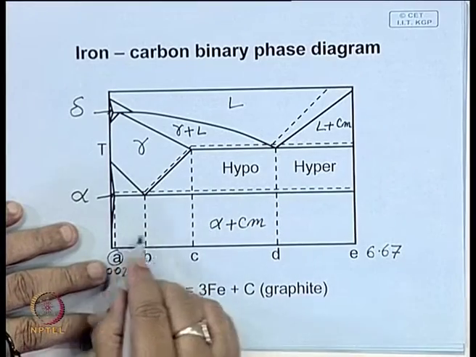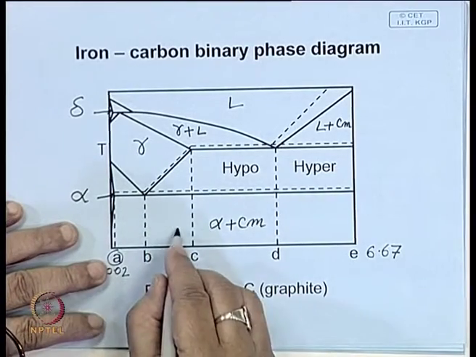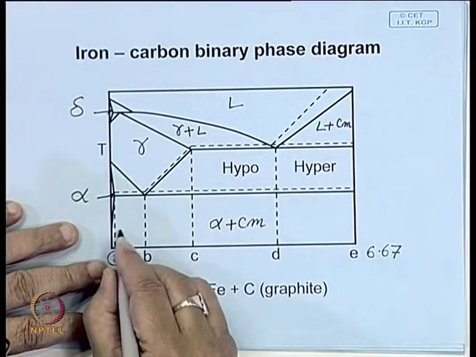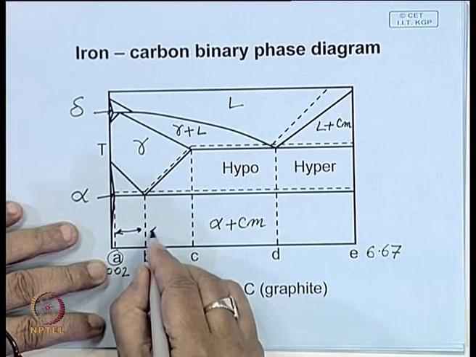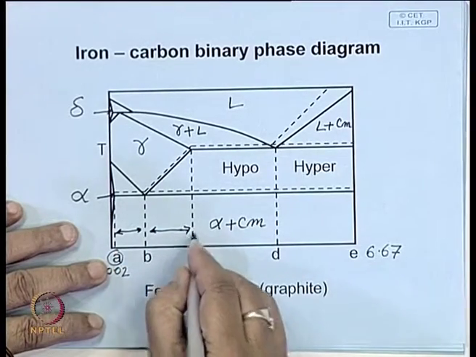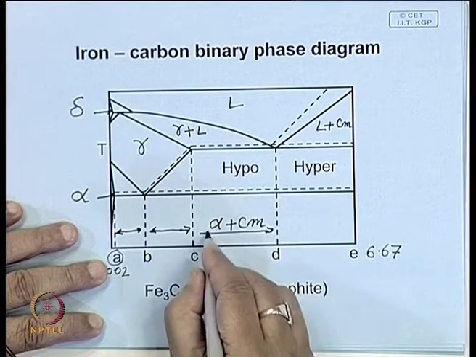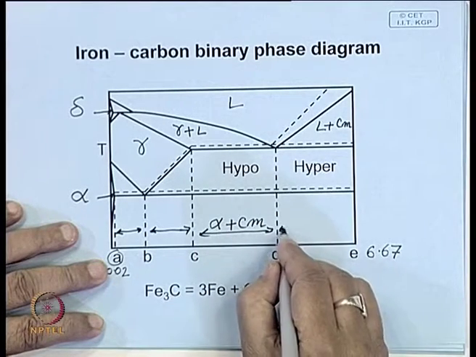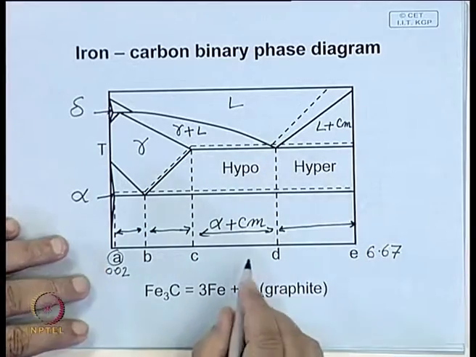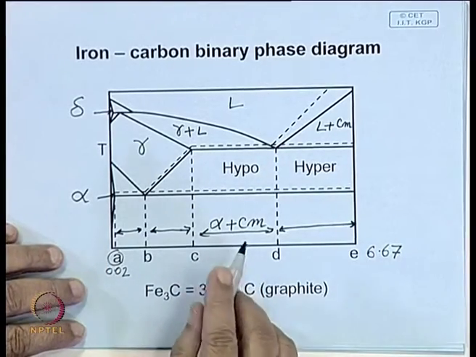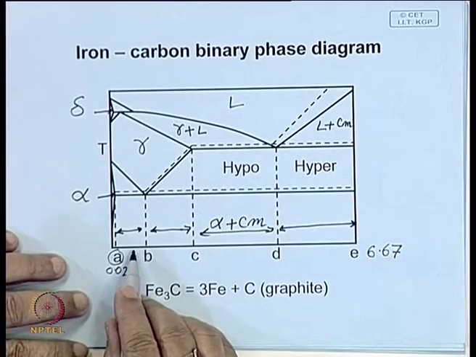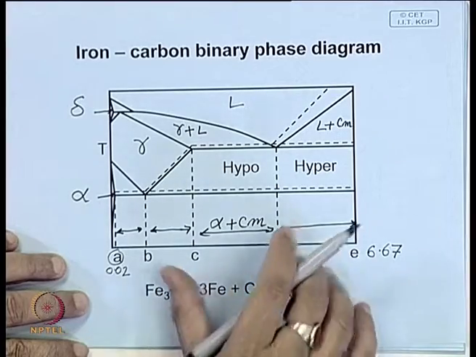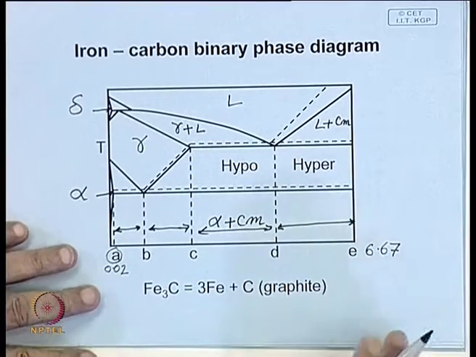As you move from region to region, each has different structural features, and by looking at the structural features of an iron carbon alloy, it is possible to guess the amount of carbon present.